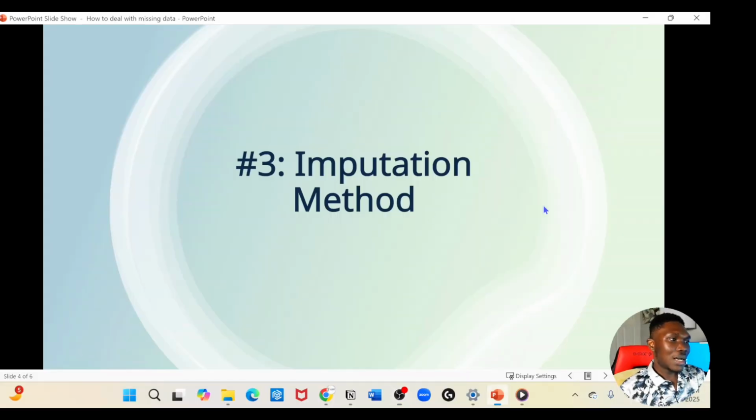Another thing people do is look at the characteristics of people that have complete records, then you give them a similar number. It's not complicated, but you would need some advanced knowledge to do that, and you will want to know the right imputation. But before you get into imputation, you want to carry out the first step of deleting the records, or running the analysis just as it is.